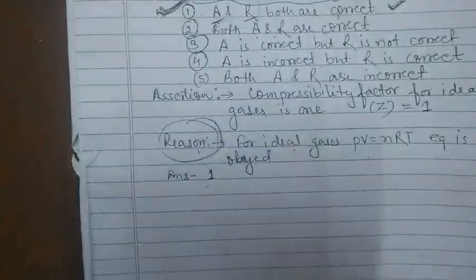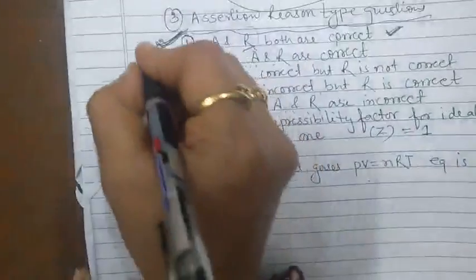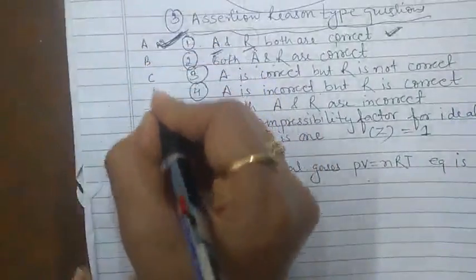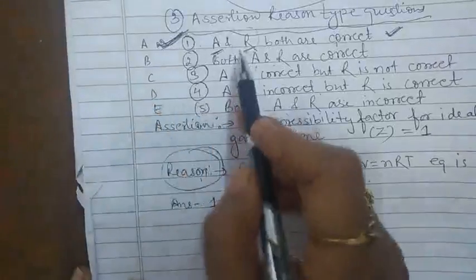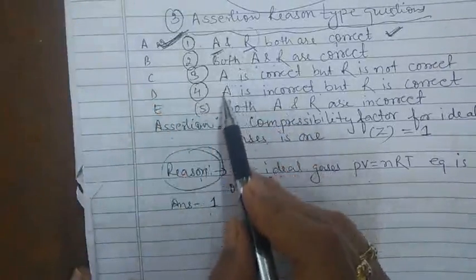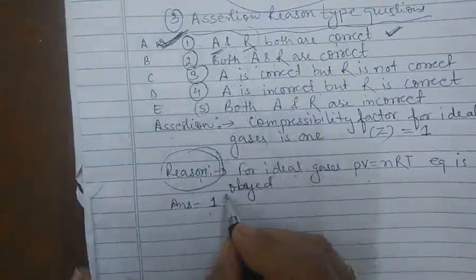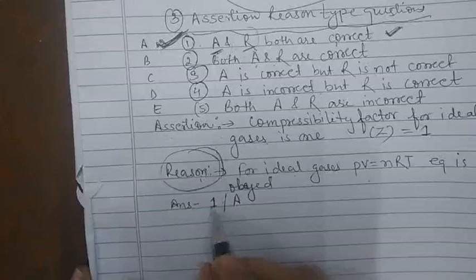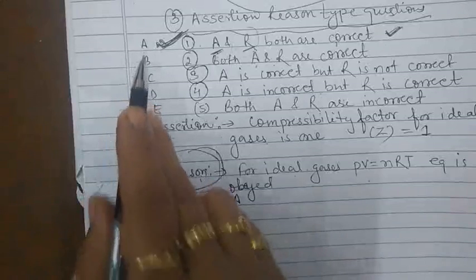If the options are like A, B, C, D, E, this one is A, this is B, this is C, this is D, this is E. So you have to write either 1 or A. Both are correct, A means this one.